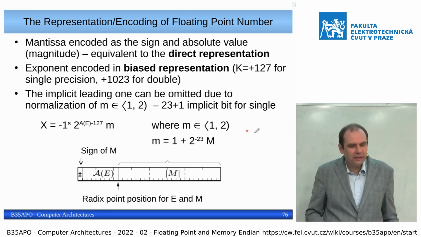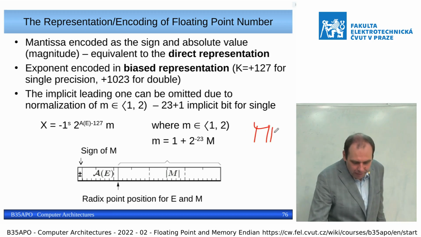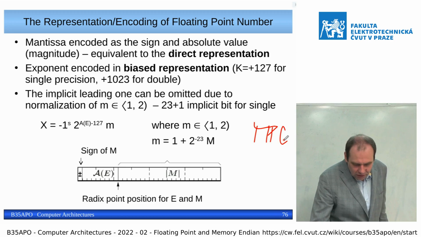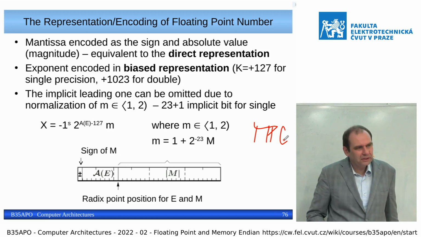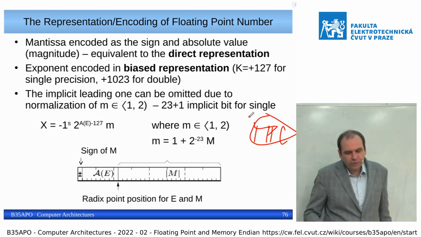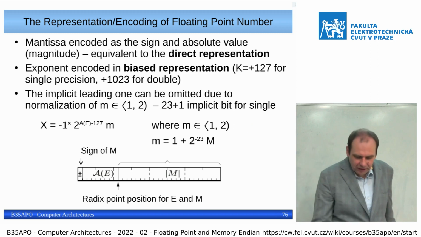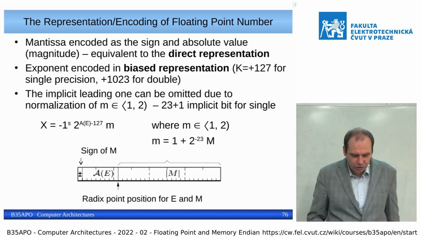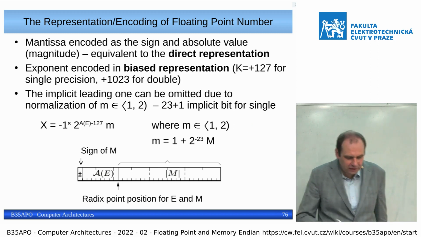So you can take, for example, a multi-precision library, I think MPC, or what is the name of the library, which can compute for you with arbitrary precision. But if this computation should be fast, then you want to do it in the hardware.